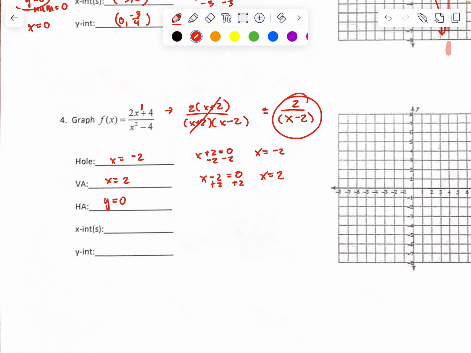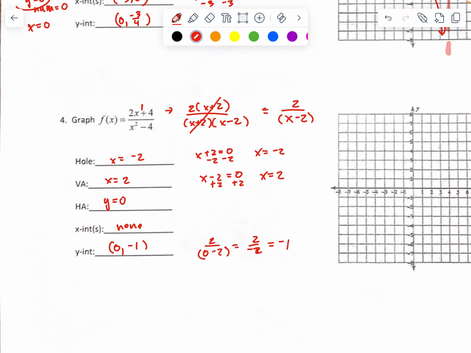That's impossible because we have a constant, so there's none. And then y-intercept, where x is equal to 0, we end up getting 2 over 0 minus 2, which is equal to 2 over -2, which is equal to -1. So we have 0, -1.